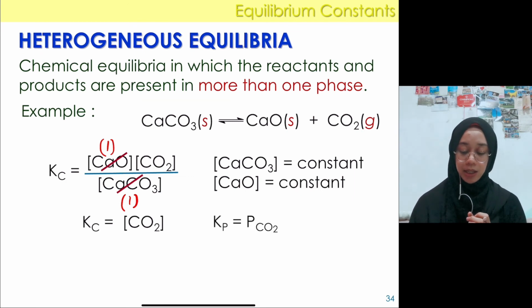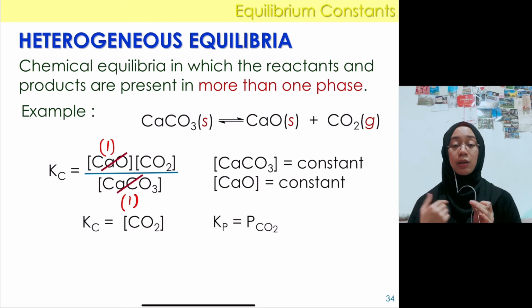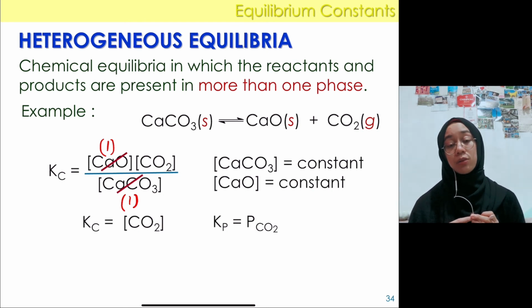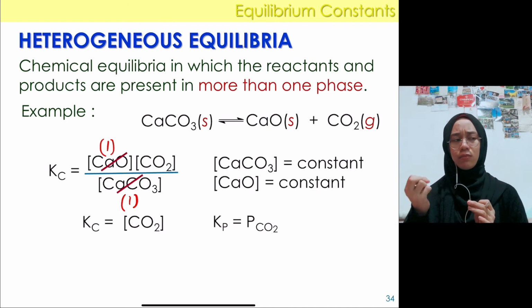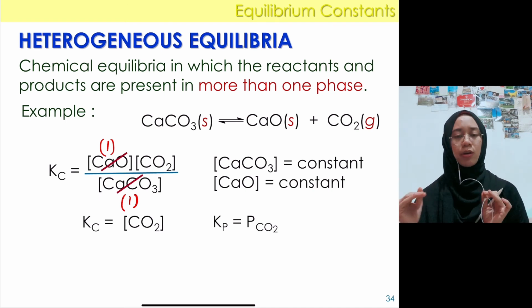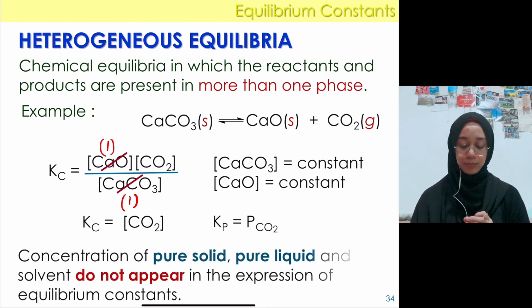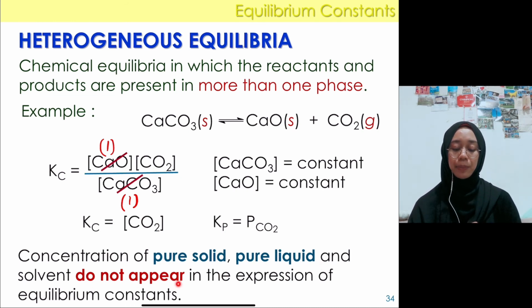Okay, jadi kalau kita nak cari KP pula, so KP dia again, KP kita just ambil gas sahajalah. So KP would be equals to the partial pressure of CO2 in this case, because the pressure of solid, pressure of liquid remain constant juga. Okay, so kita tak payah tulis. So the concentration of pure solid and pure liquid and solvent do not appear in the expression of the equilibrium constant. Okay, kita tak payah tunjuk.